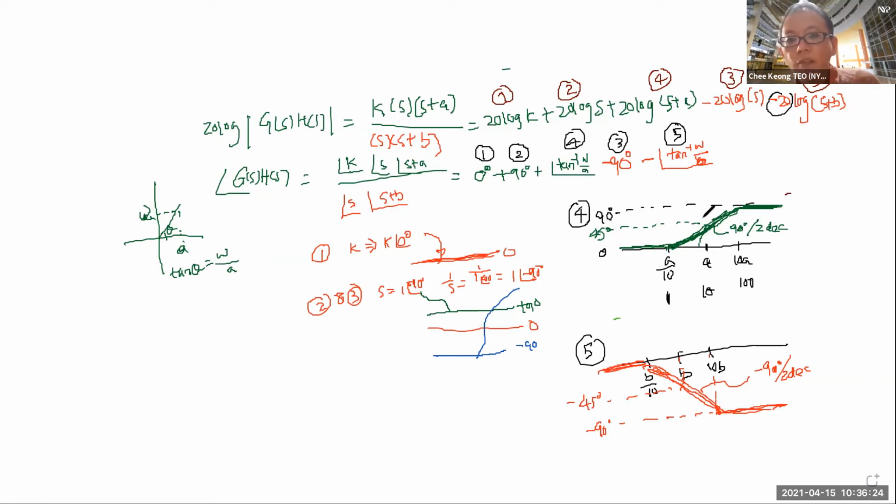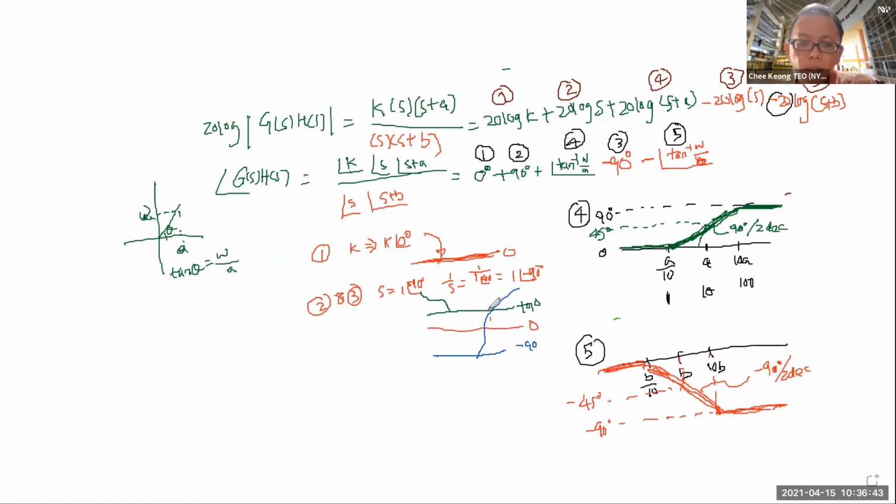So that's the difference. It has to take care of 1 decade up and 1 decade down, or it doesn't just turn at the root like the magnitude plot. The phase plot looks at 10 times up, 10 times down, and then the phase will shift in this kind of fashion.